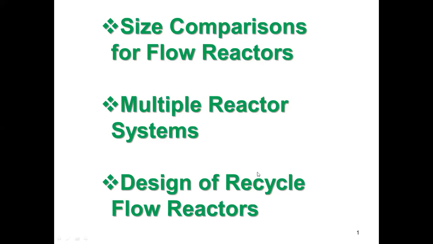We will be talking about that in the design of recycle reactors. So these will be the last 3 topics for module 4, which I placed in this slide. We compare sizes, we design multiple reactor systems, and we tackle problems concerning recycle flow reactors.